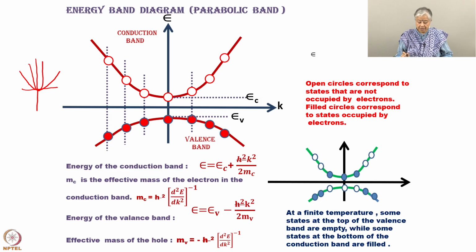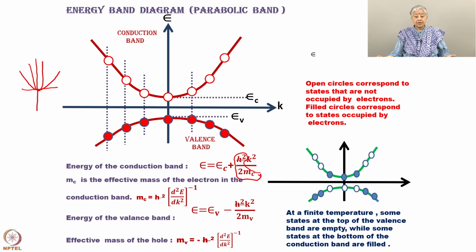The factor A here, if I just mark it a little bit, this part is that factor A. So, depending on this factor A, your parabola is becoming steeper or not so steep. So, that is the idea of effective mass.